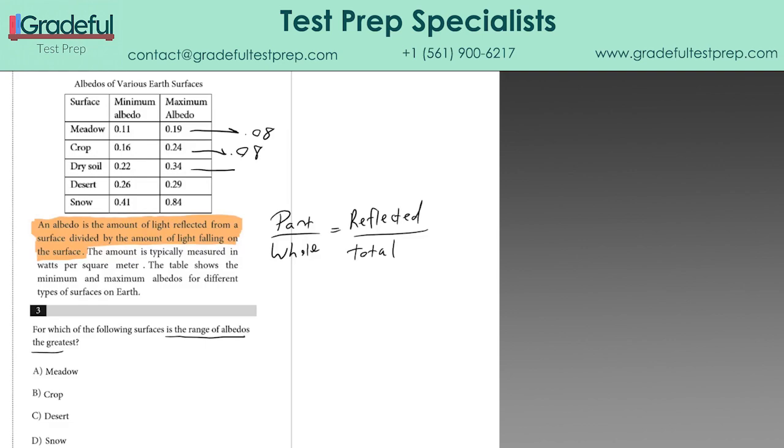For the dry soil, there's a difference of about 12 there, 0.12. And for the desert, we're seeing 0.13. So what I'm doing is just taking the difference between the maximum and minimum albedo. And then for snow, it's much greater. It's in the range of about 0.43. So the answer is snow, and that's answer choice D for number 3.